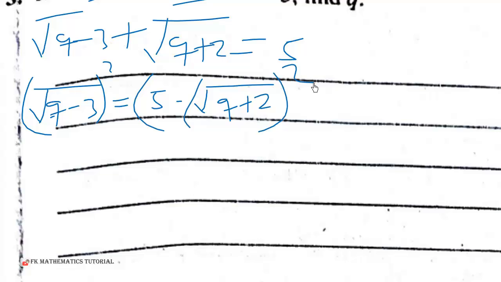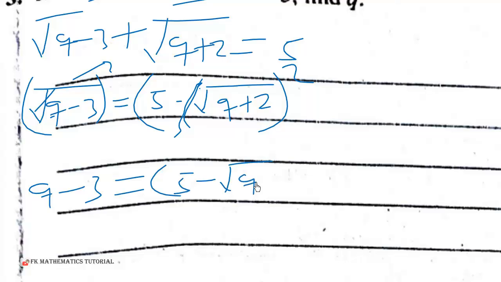Squaring both sides, the square root of q minus 3 is removed, so we have q minus 3 here. Then on the other side, we have (5 minus square root of q plus 2) squared, that is 5 minus square root of q plus 2 times 5 minus square root of q plus 2.